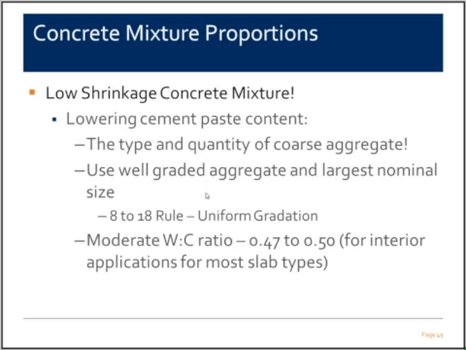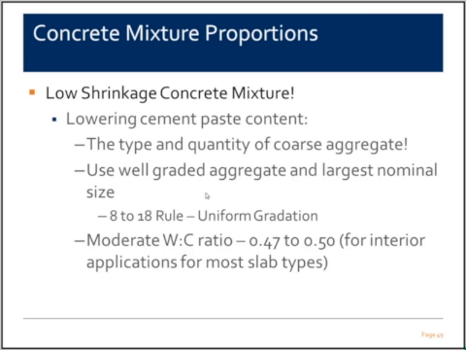The most important part in designing concrete mixture proportions for slab-on-ground construction is the shrinkage potential of the mix. We want to lower that shrinkage potential as much as possible. One way of doing that is by lowering the cement paste content of the mix.